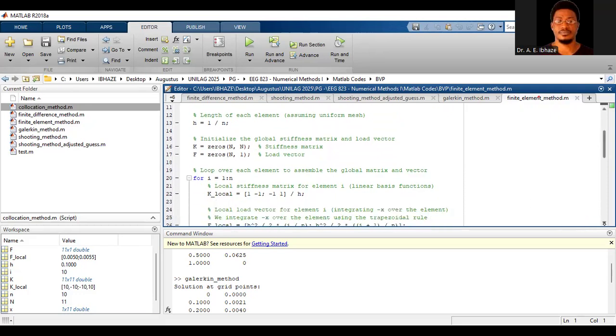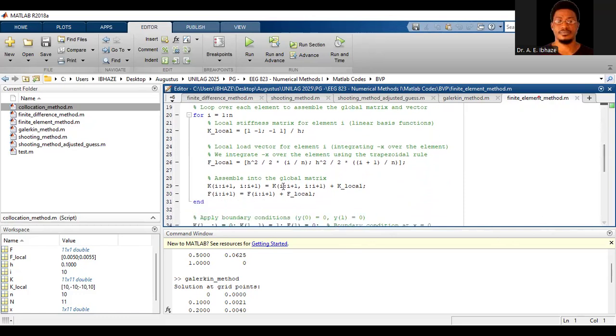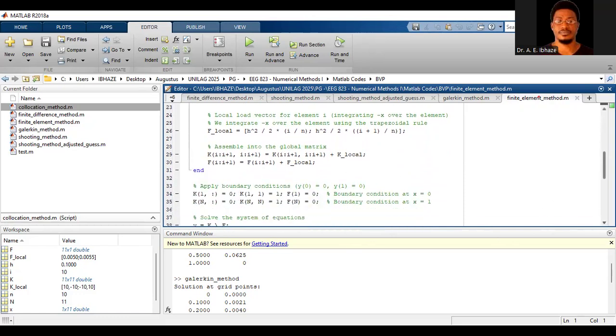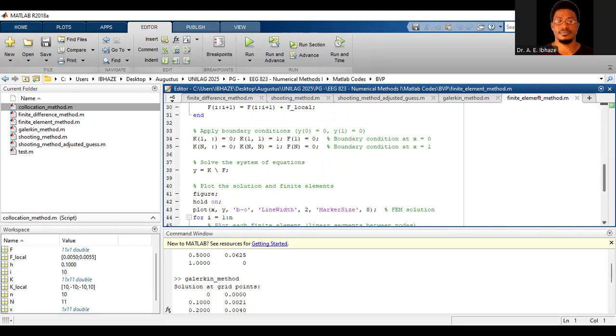And then with the for loop, we are able to provide a relationship between the local state matrix for element i and the load vector for element i. And there we have to integrate and then assemble the global matrix. Then at this point, we apply the boundary conditions, y of 0 being the same as 0 and y of 1 being the same as 1. And then we solve the system of equations.